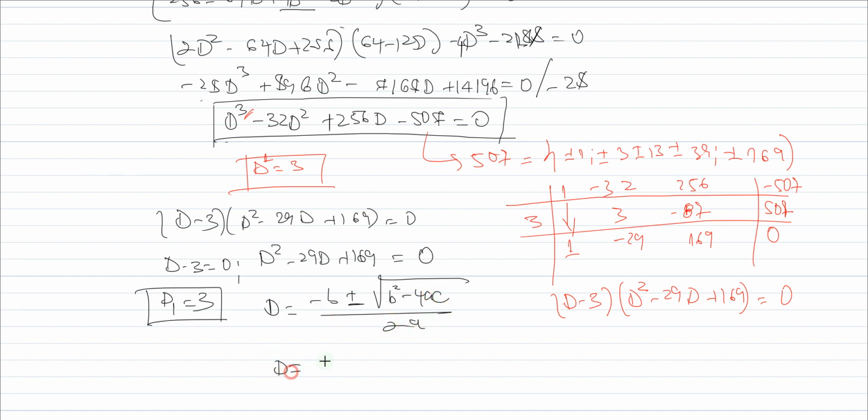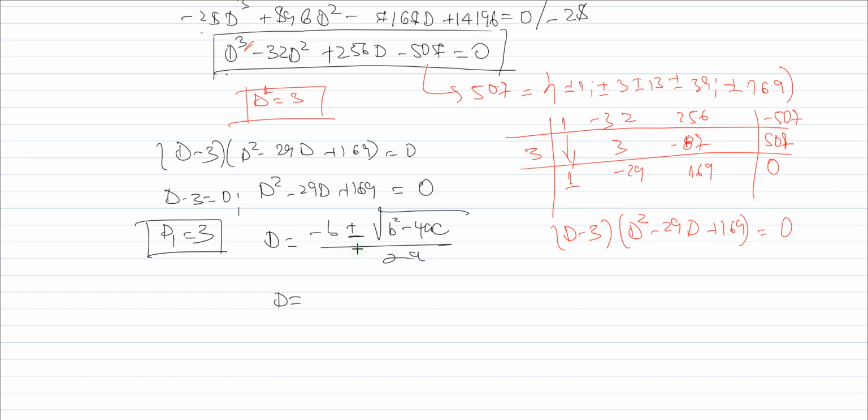So d is going to be equal to minus b, so we're going to have here 29 only, positive, plus or minus the square root of 29 squared minus 4 times 1 times 169, and this divided by 2 times 1.